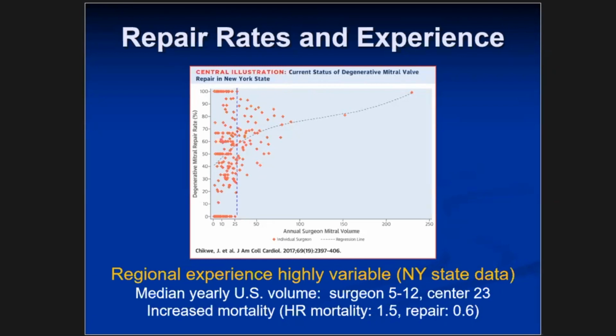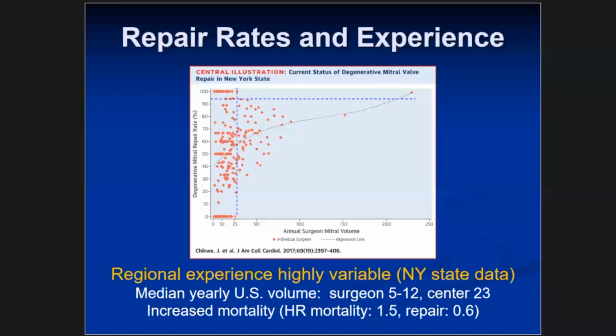So if you look at what it would mean to apply the guidelines of the American Heart Association and the most recent guidelines of experience of 25 or more repairs per year and a success rate of more than 95%, there are only going to be 4 surgeons in 2 centers in the state that reach those standards.